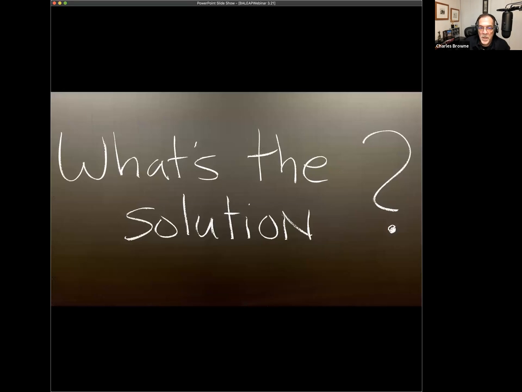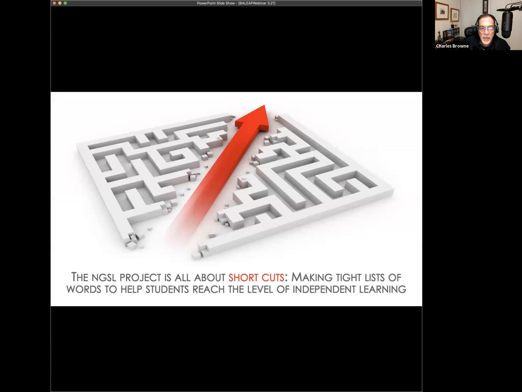And this brings us to my work. And that is, basically trying to create efficient shortcuts for students. Native speaker vocabulary size is 30,000 words. That's not a realistic goal for most second language learners.